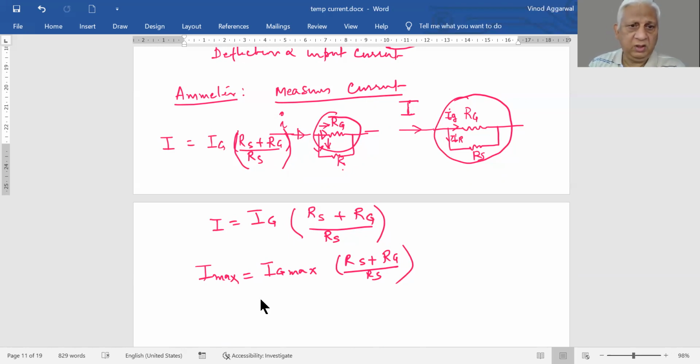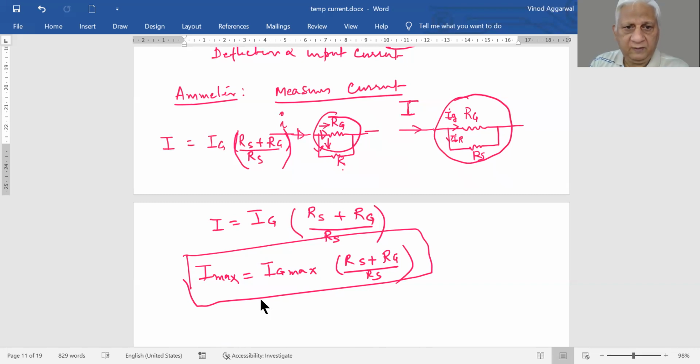So this is how you can find things out: if everything is given and only one variable is unknown, you can find it. For example, you are given Imax, that the galvanometer should be suitable for measuring a certain amount of current.